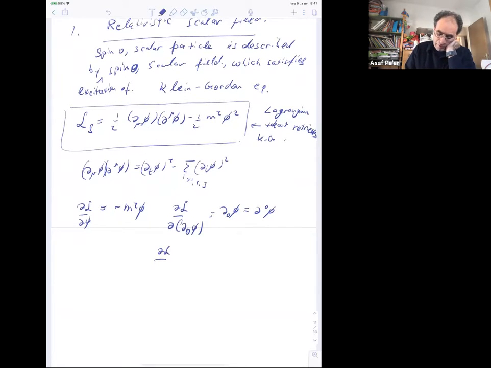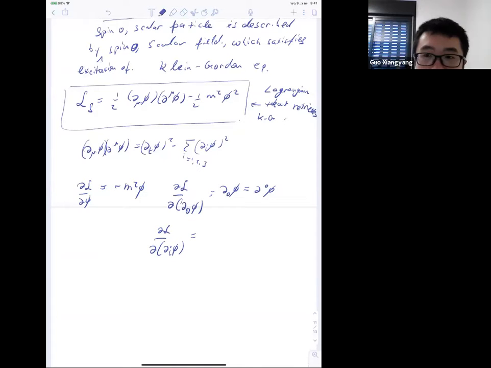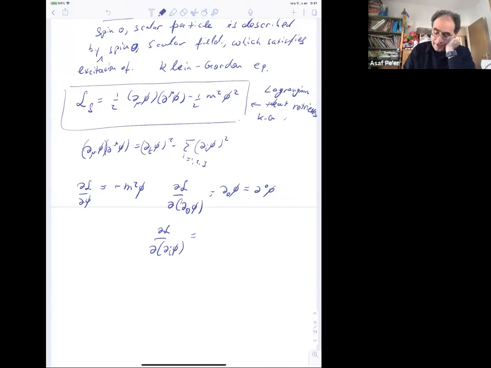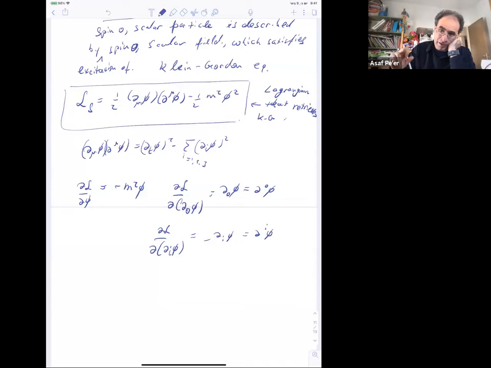And dL over d(d_i phi). What is that? Oh, I'm sure you can do better than that. It's minus d_i phi. Yes, very good. Minus d^i phi, right? Now here we do have a minus in the metric. When I raise the index, I get this extra minus.